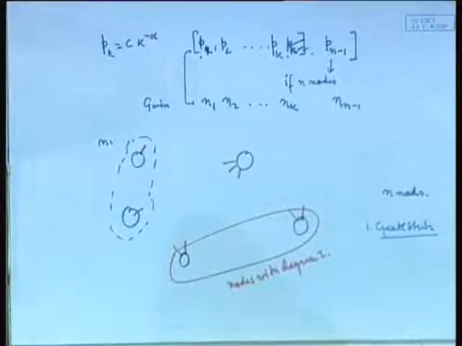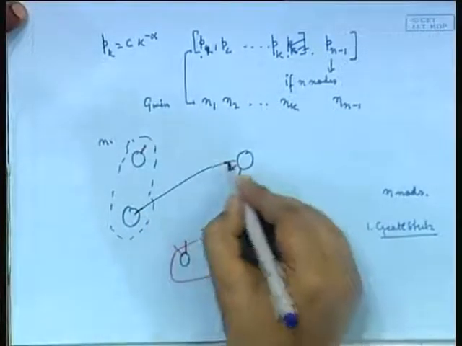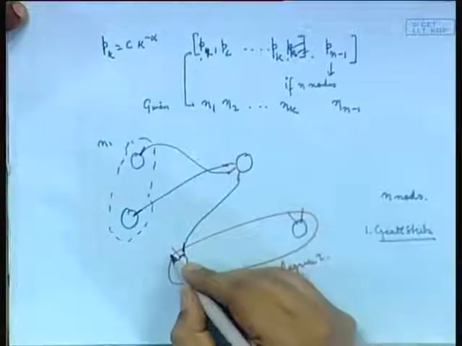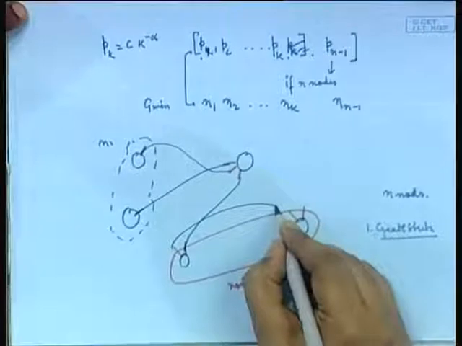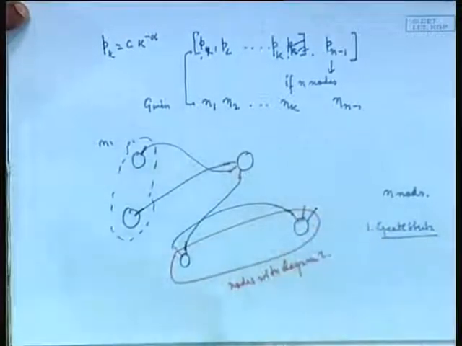Create stubs, and then join these stubs randomly. Pick 2 stubs and join randomly. Take this stub and join this. Take this, join this. Let me think there are 3 here. So, what is the problem?